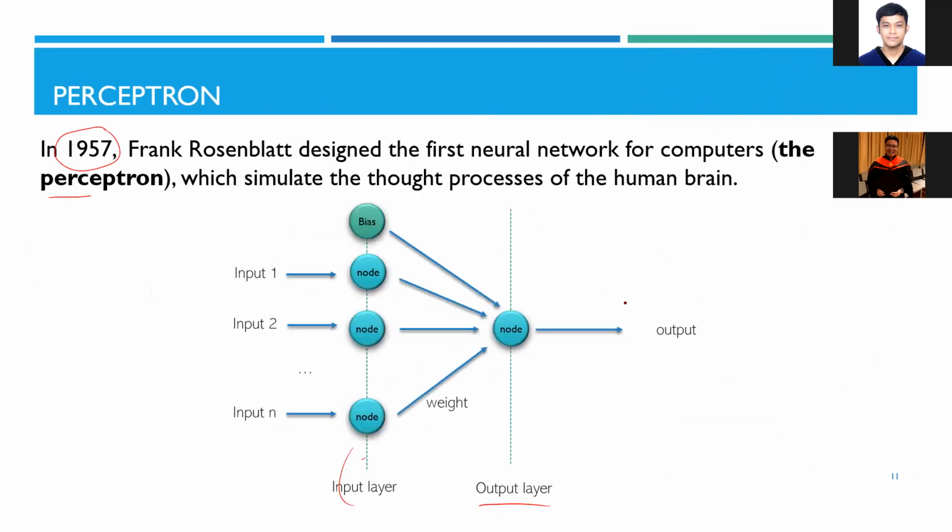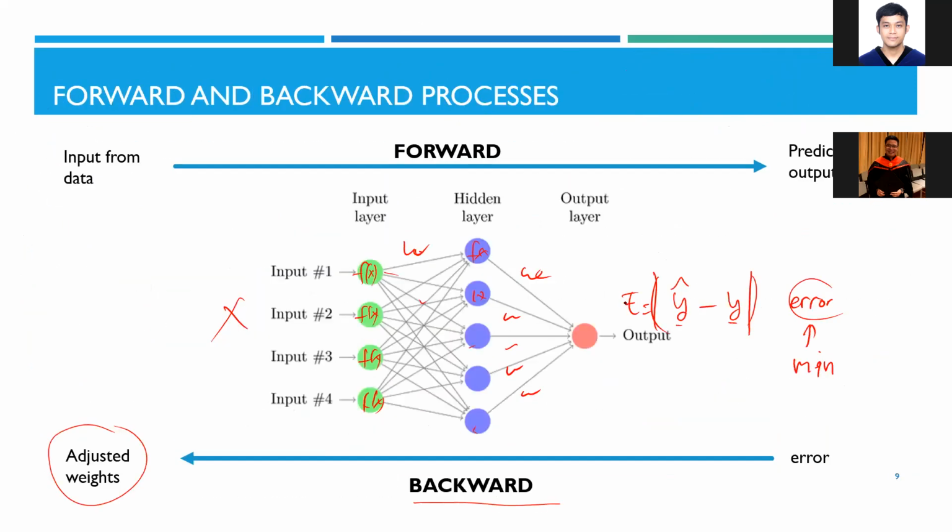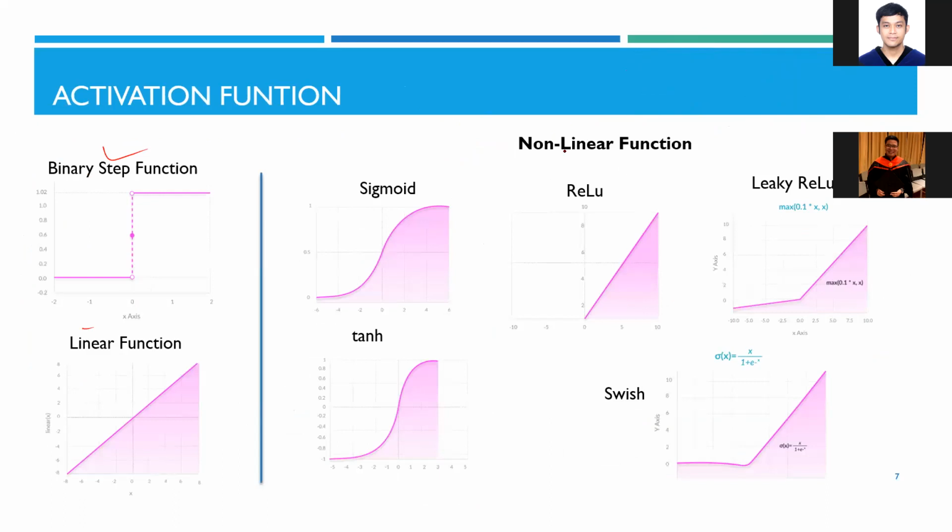However, if we want to apply backpropagation, we can only use certain activation functions. Why? For example, the step function doesn't have a derivative.